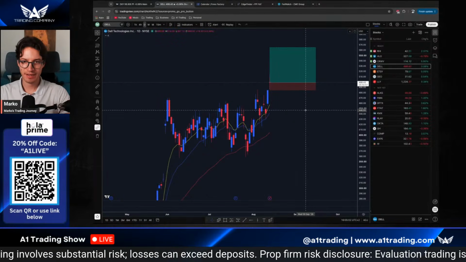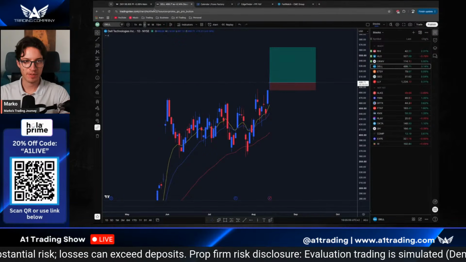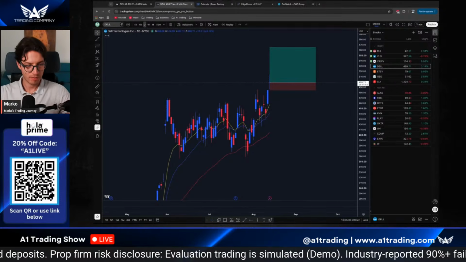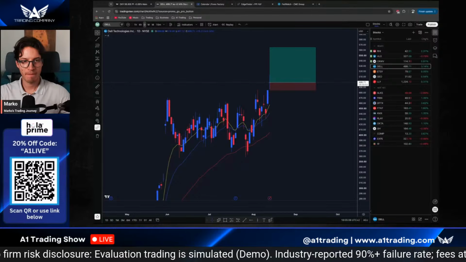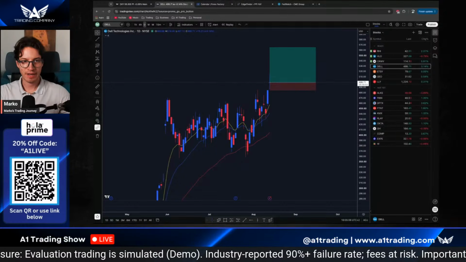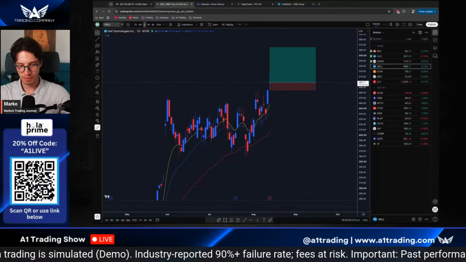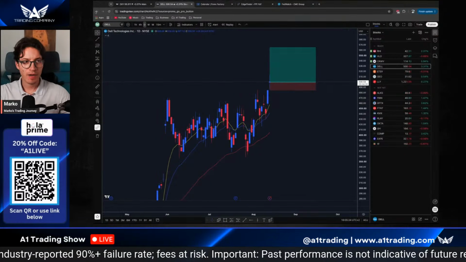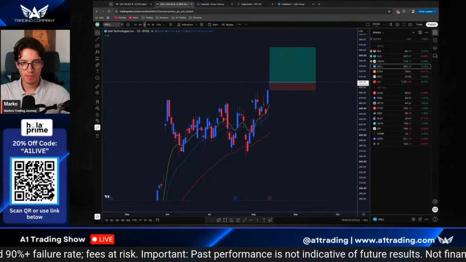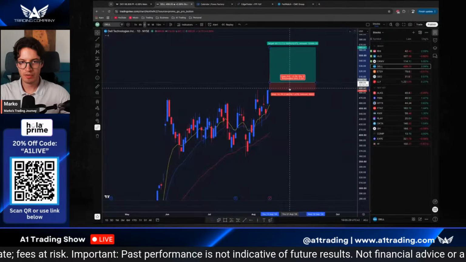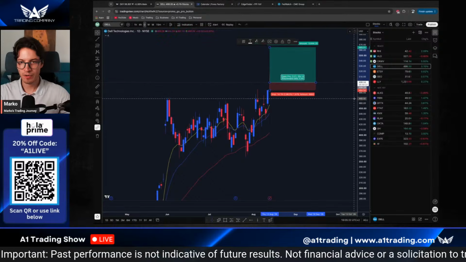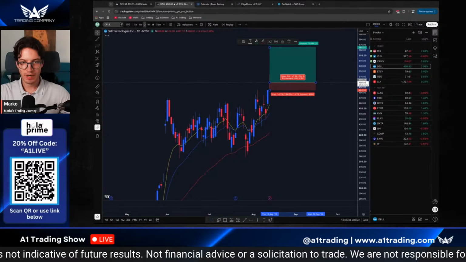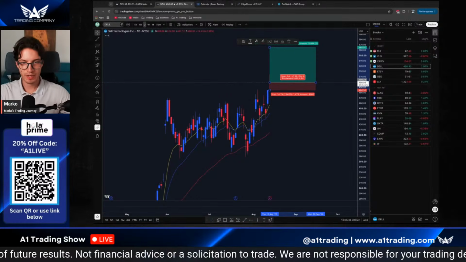Give me one second to execute this position. 499.71 was going to be the entry, but it's now 500.5. The stop loss goes on the previous market close, which is 484.5. Let's do 0.2% risk.